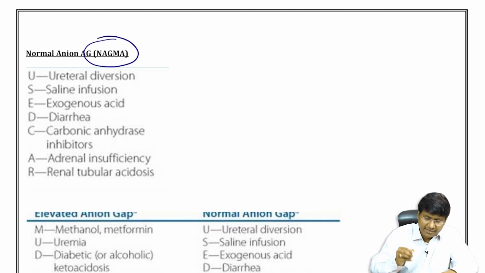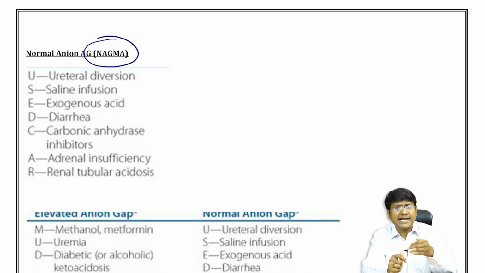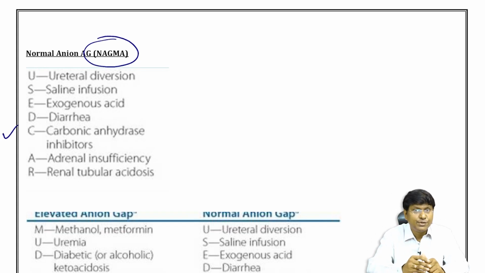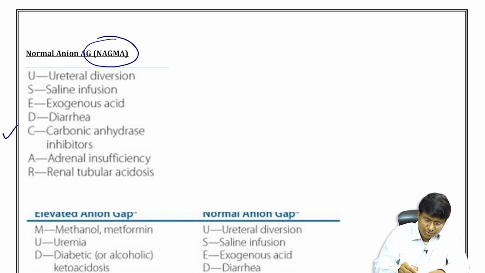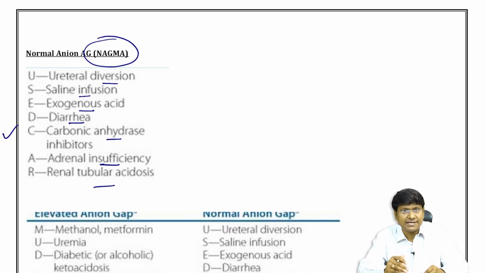Next is you take the normal anion gap metabolic acidosis, where the anion gap is maintained. The mnemonic is USED CARS. So what is this? The word U stands for ureteral diversion, S stands for saline infusion, exogenous acid, diarrhea, carbonic anhydrase inhibitors, adrenal insufficiency, and then renal tubular acidosis.